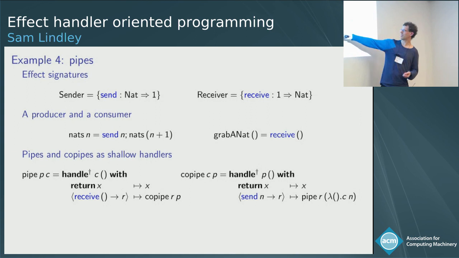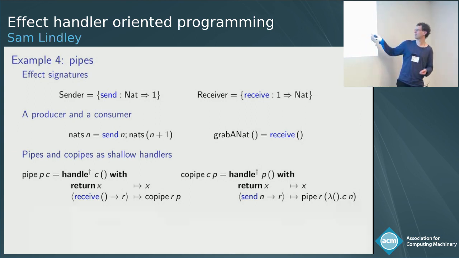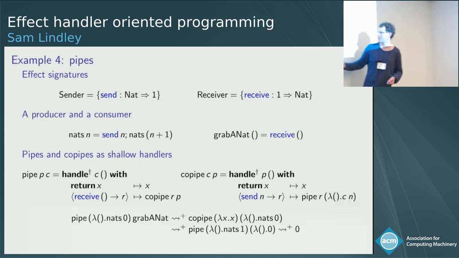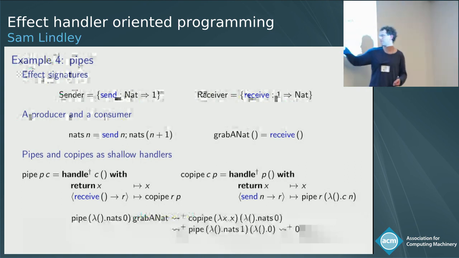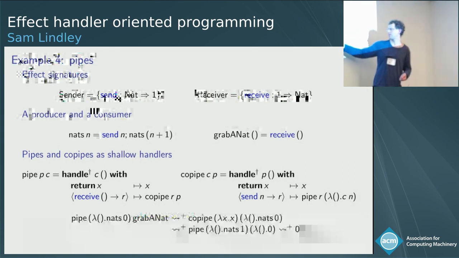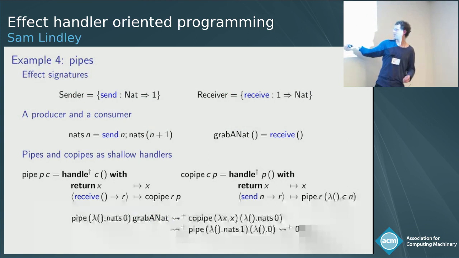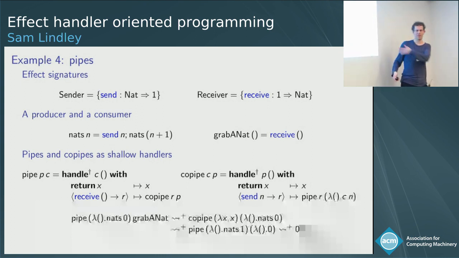The important thing is, I guess, if a message gets sent here, then it's passed into the consumer over here. And then if we take this example and we reduce it, we start with the pipe and it turns into a copipe. This is the continuation here, which is, there's nothing more to do, it's just the identity. And then you do the sending, and then it receives a 0. Okay.